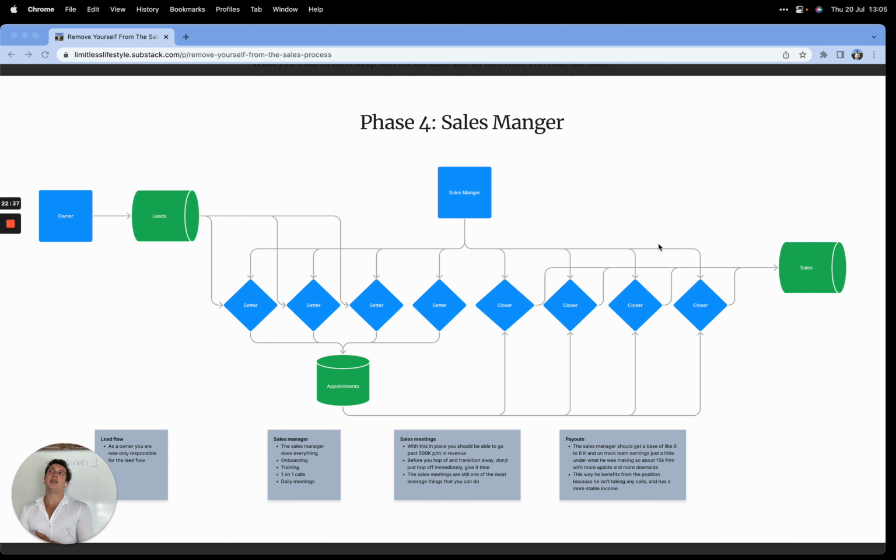And I've got the advice to do the sales meetings yourself as long as possible, because the sales department is the only department in your entire company that really takes the customer's money. So it's a really high leverage thing to do, to stay connected with your sales department and make sure they're doing well and you are translating the mission, vision and values towards the sales team and still bringing your energy over to them.